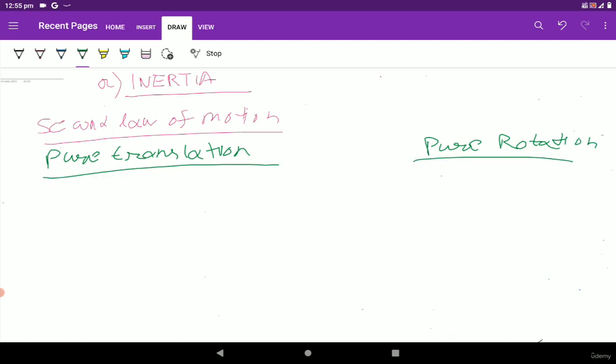So in pure translation, we are going to represent inertia force by this expression. Inertial force Fi is equal to mass into acceleration, which is given by the double derivative of the displacement. So Fi = m x double dot. Here Fi is the inertia force.